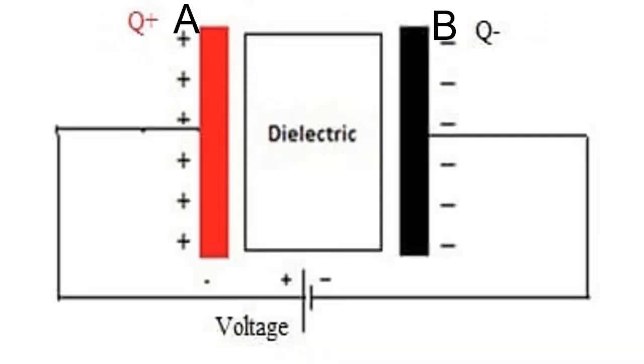In the same way, plate A becomes positively charged. That means a potential difference is developed between plate A and plate B. Because of this potential difference, an electric field is developed within the capacitor. This electric field helps the capacitor to store electrical energy.